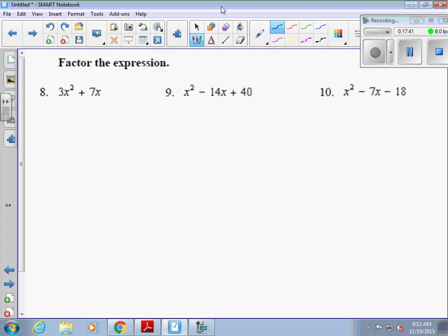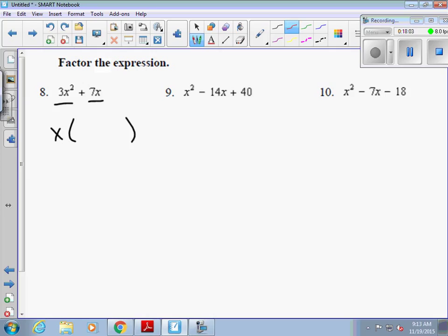Factor these expressions. Start with number 8. 3x squared plus 7x. All you can do is factor out what each of these terms has in common. 3 doesn't go into itself and 7. It does not. The only thing they have in common is the x term. So x times what gives you 3x squared?